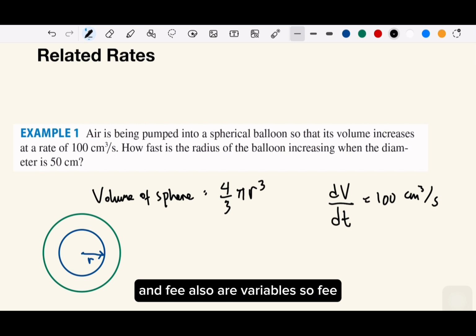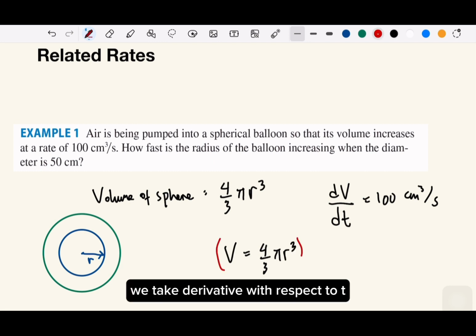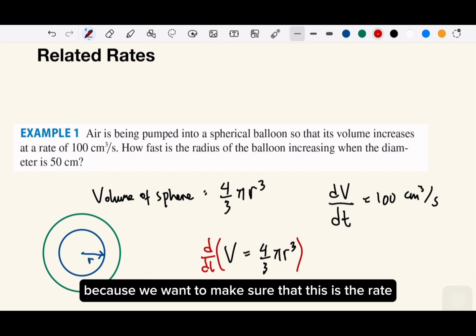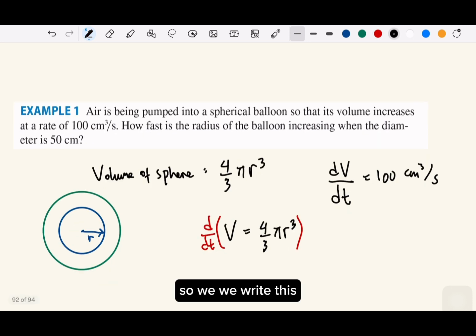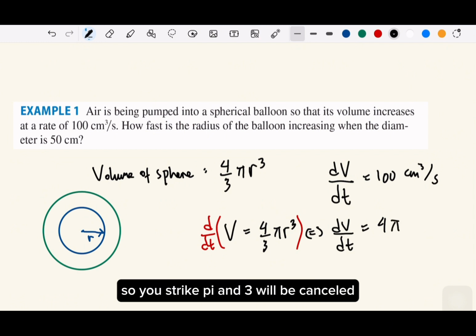And V is also a variable. So V we take the derivative with respect to t, because we want to make sure that this is the rate. So we write dV/dt equals, pi is a constant, so we just write pi, and then the 3 will be cancelled because r cubed becomes 3r squared.